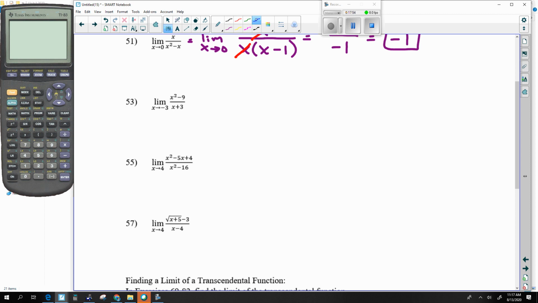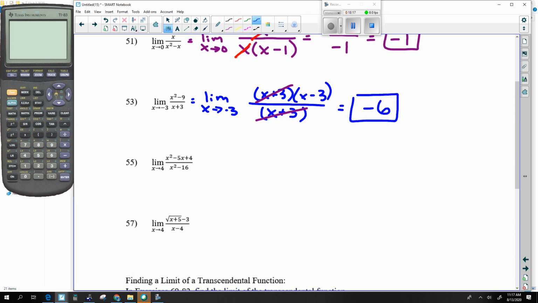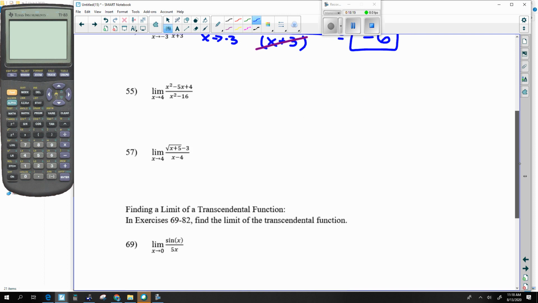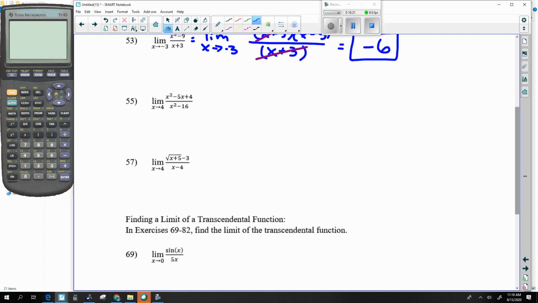Again, simplification process. All the factoring skills.